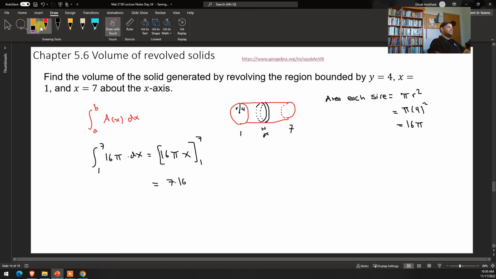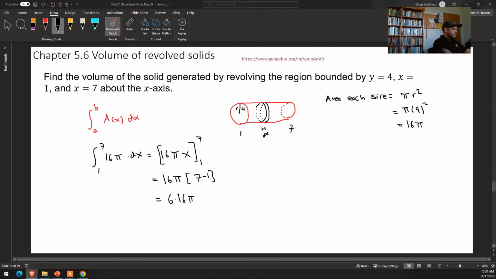Or let's simplify. Let's factor out that common constant, 16 pi out front. We get 7 minus 1. So we get 6 times 16 pi, or 96 pi.